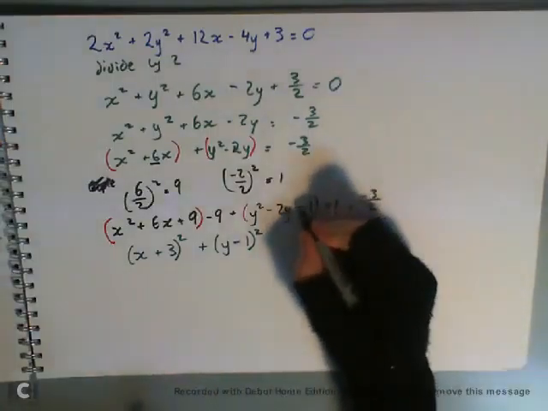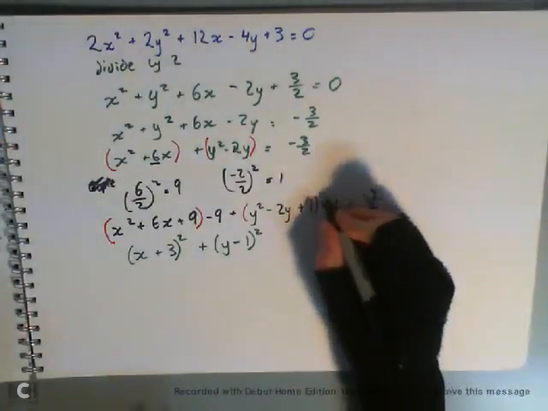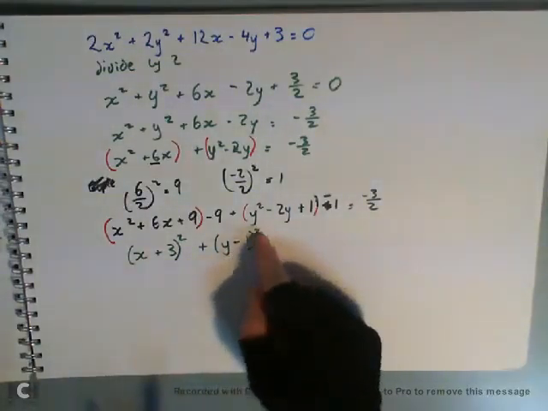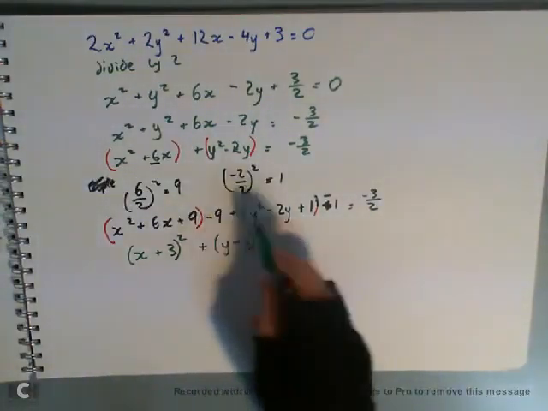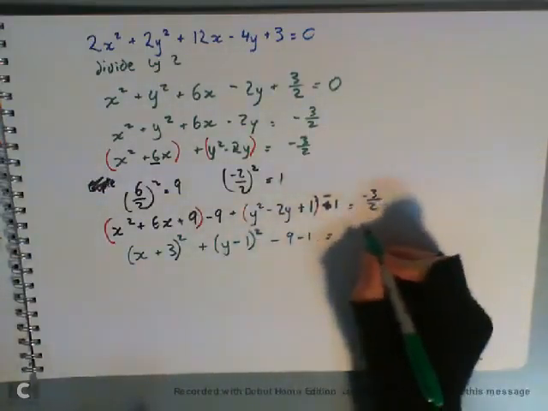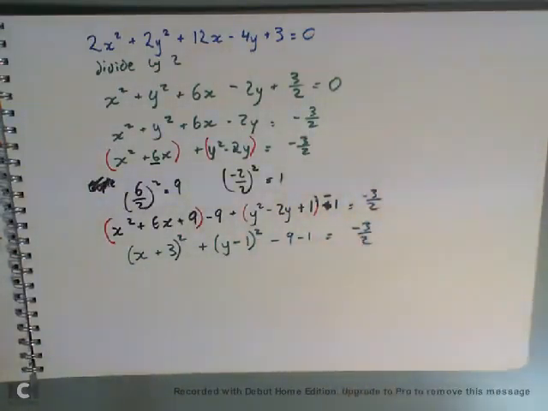Sorry, there is a mistake. That should be a plus, and that should be a minus. So yeah, y take 1 squared. Now we've still got this minus 9 and minus 1, and that's all equal to minus 3 on 2.